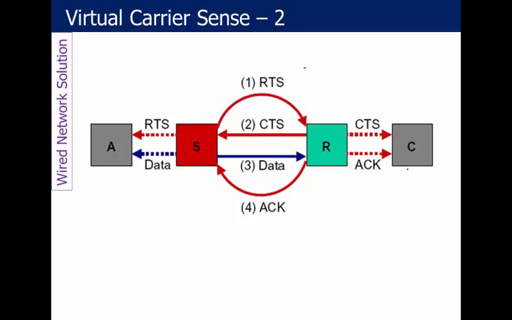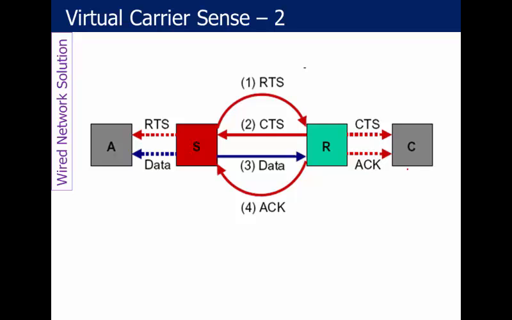Access points, yeah, access points. It depends on who sends. For example, upload and download. If you want to upload, then your laptop is the sender and the access point is the receiver.